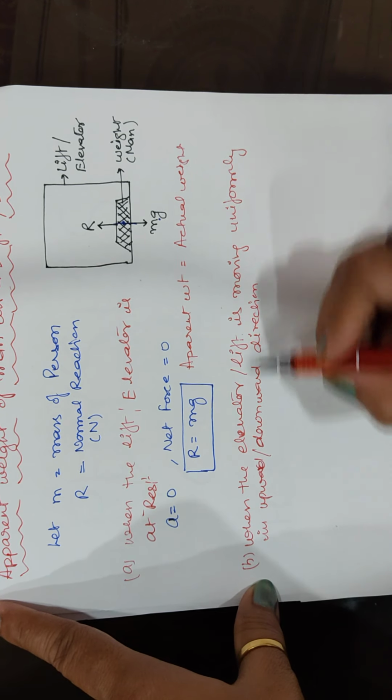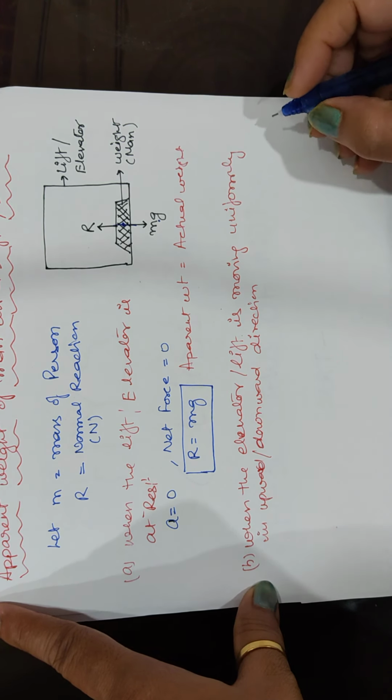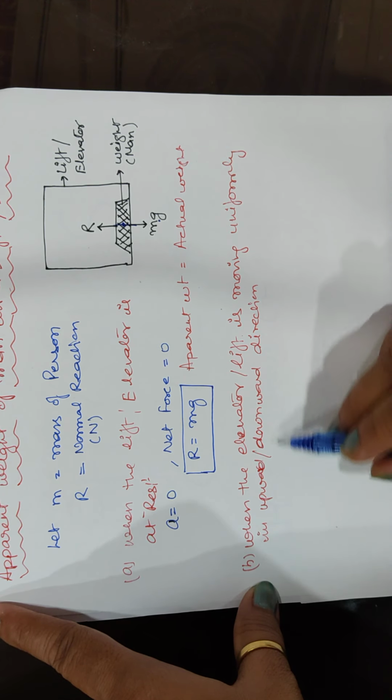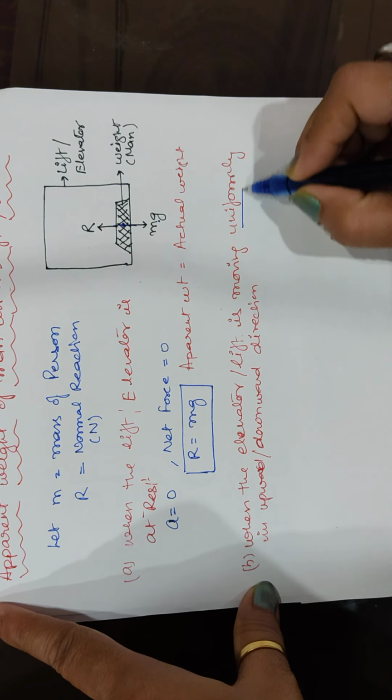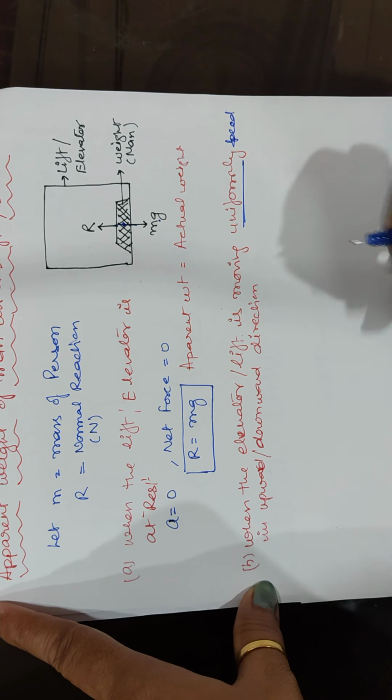Since the elevator or the lift is moving with a uniform speed or velocity in upward or a downward direction, that means uniform speed and velocity.